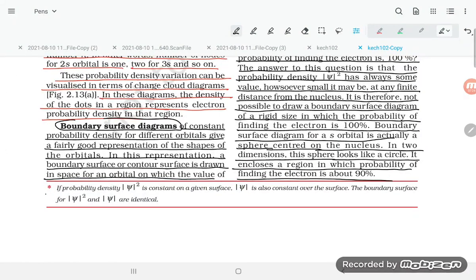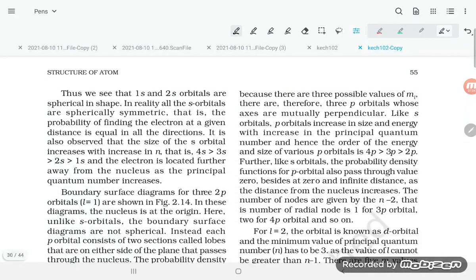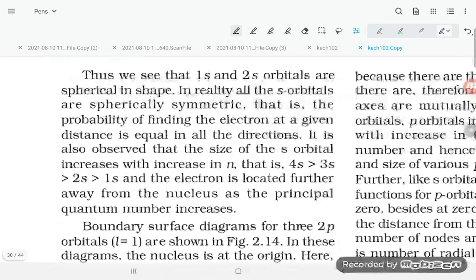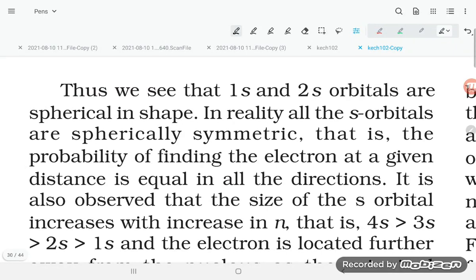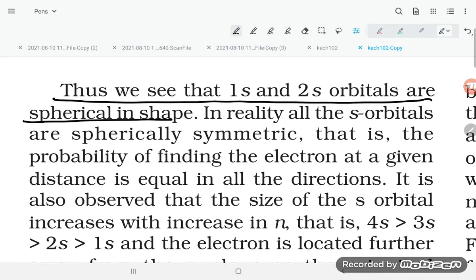So if the probability density psi square is constant on a given surface, psi is also constant over the surface. In the boundary surface diagram, psi square and psi are identical. Thus we see that 1s and 2s orbitals are spherical in shape.